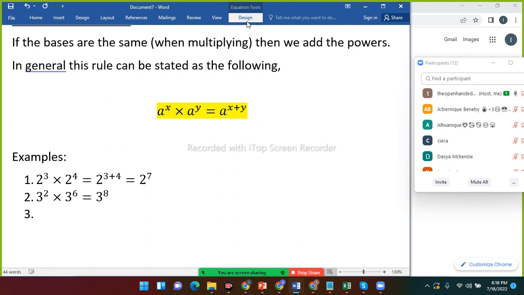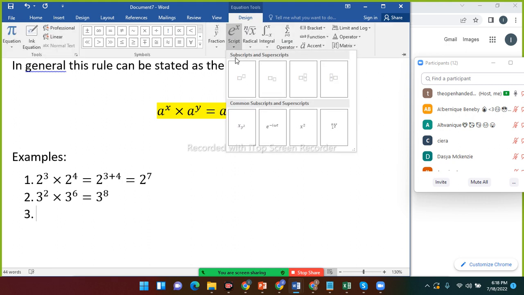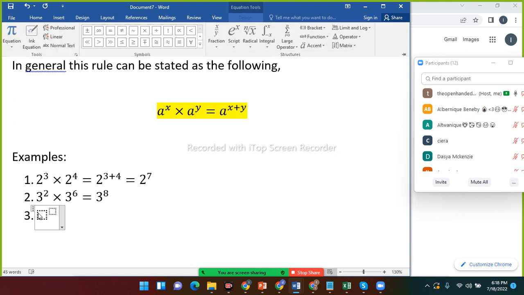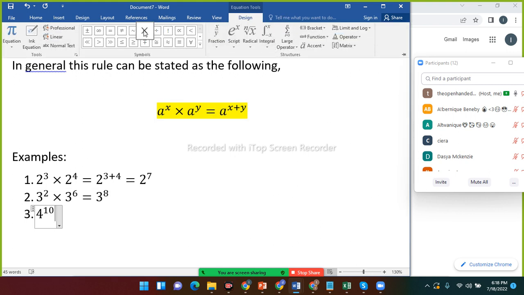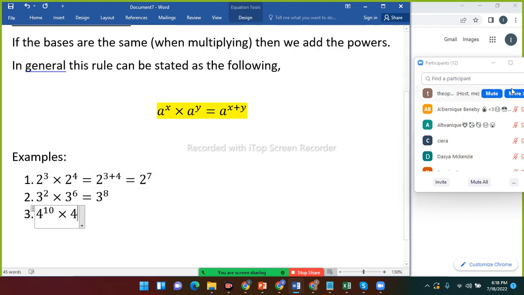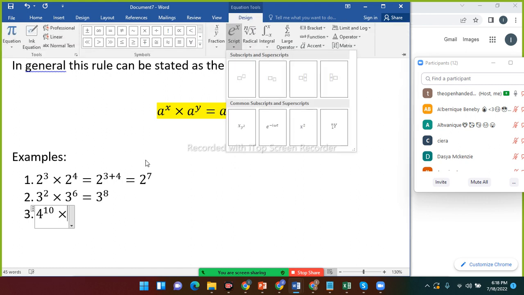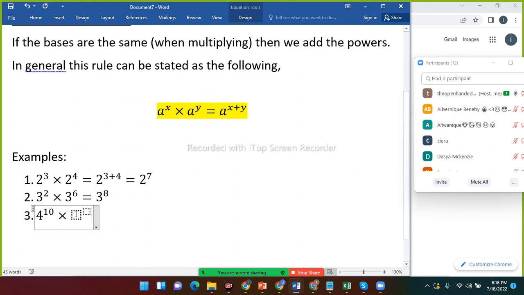Albernic, can you help me with this one? What if I have 4 to the power of 10 multiplied by 4 to the power of, let's say 8.